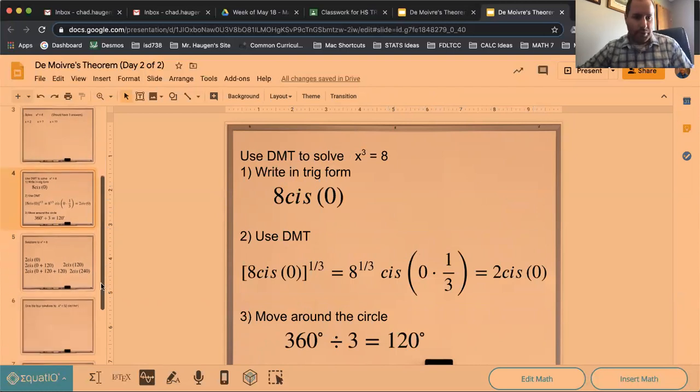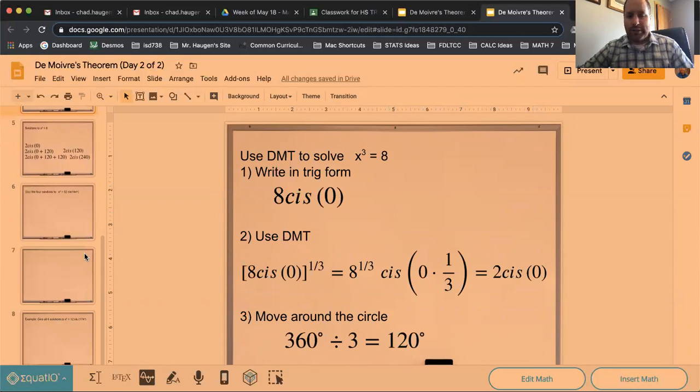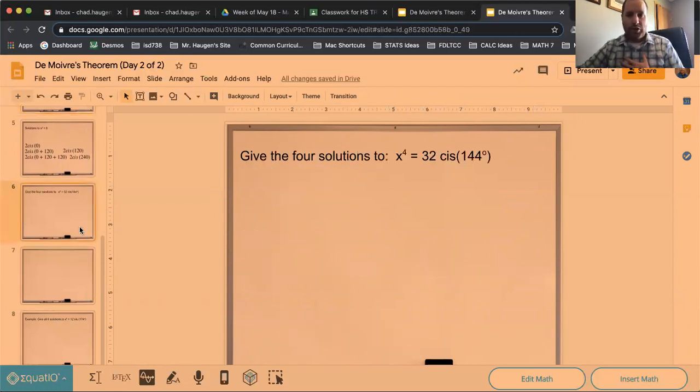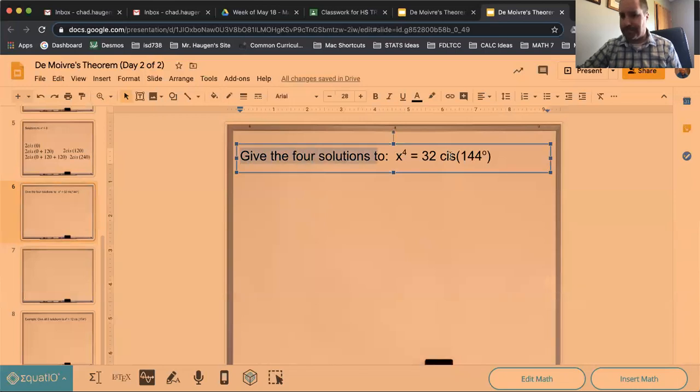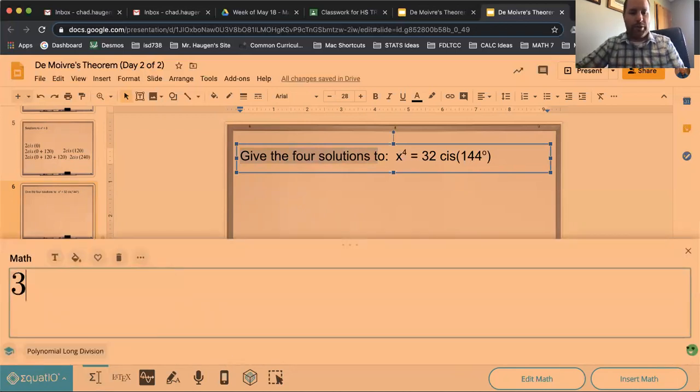And so to do just another couple examples, just to show you how this is working, okay? If I'm going to give the 4 solutions to this one, I've already put it in trig form, so we don't have to worry about changing that stuff. So if I'm going to give these 4 solutions, here I would go 32 to the 1/4 power. Okay, I'm just going to format it like that.